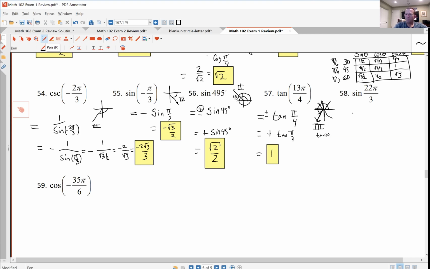22 pi over 3, well, I know that that is a reference angle of pi over 3. I just don't know if it's positive or negative yet. 22 pi over 3, it's going to take a little while to count on that one. So I'd like to shave off some of my 2 pi's and see where I lie.